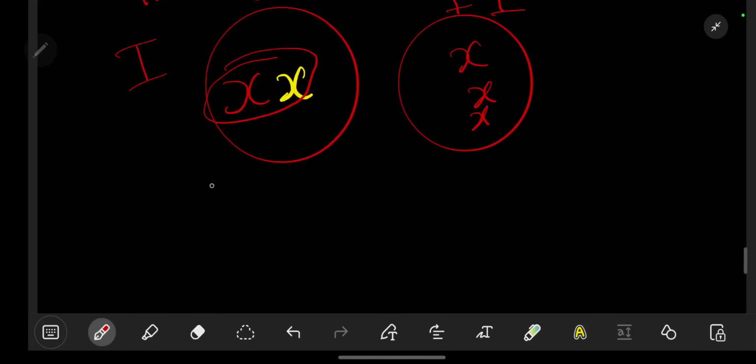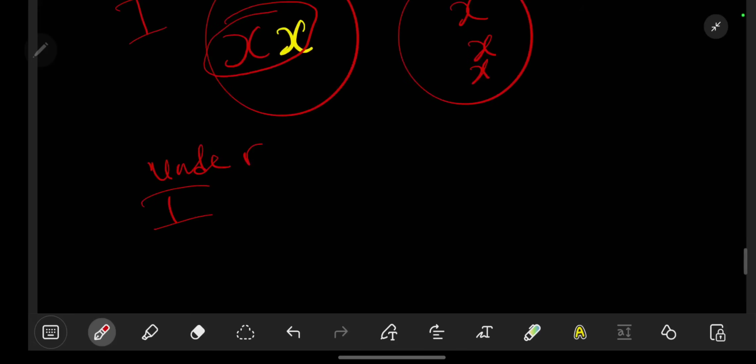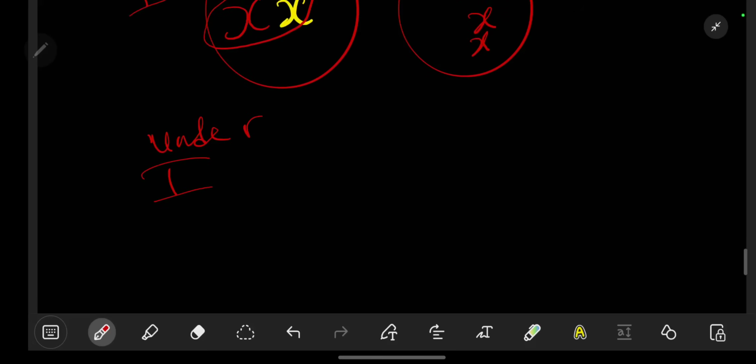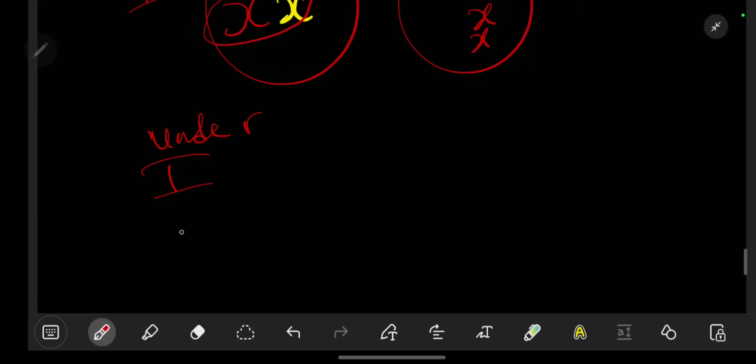The other difference is that under meiosis 1, there is a reduction of the ploidy state from diploid to haploid.